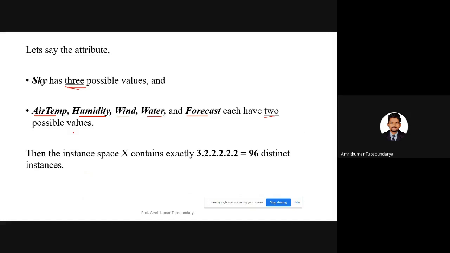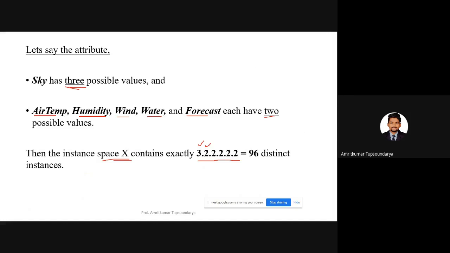Then the instance space X will contain exactly 3 × 2 × 2 × 2 × 2 × 2, that is the product of all the possible values of all 6 parameters.